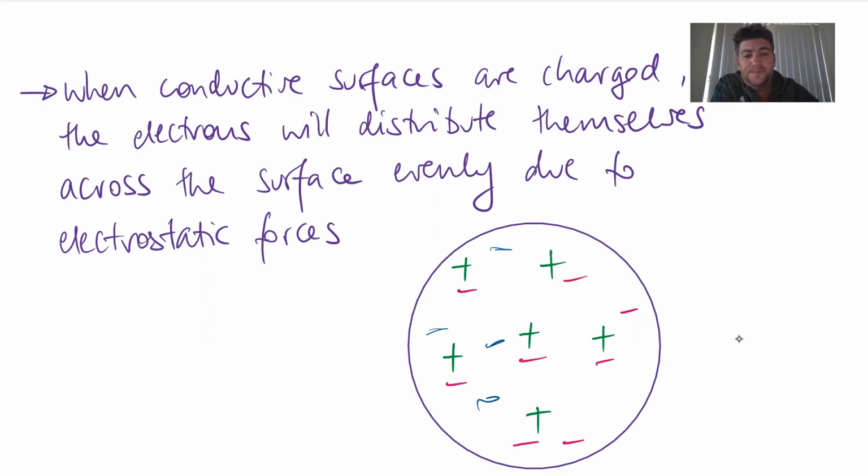So now we've got kind of the same amount of excess charge sitting all over the surface, but these electrons have wandered all over the place and moved themselves around, so that now it's more evenly distributed.